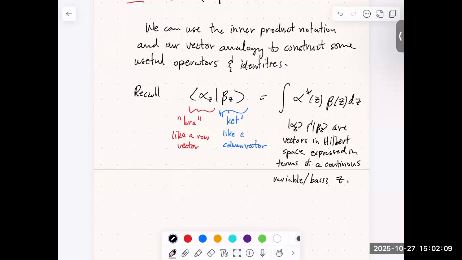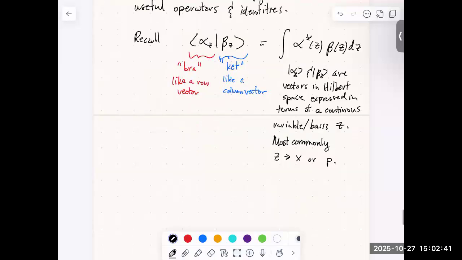Okay, so the most common z would be either these are expressed as functions of position, like it could be phi of x and psi of x, or z is momentum, so that these are functions of momentum. So most commonly, z is going to go to either x or p. It's position or momentum. All right.